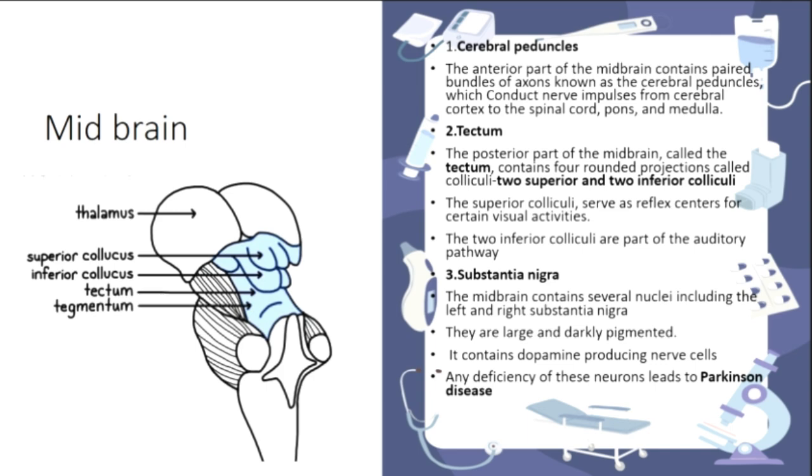So the midbrain is made up of the mesencephalon, which is present above the pons of your brain. It connects the third and fourth ventricles, and nuclei and tracts are present in it.